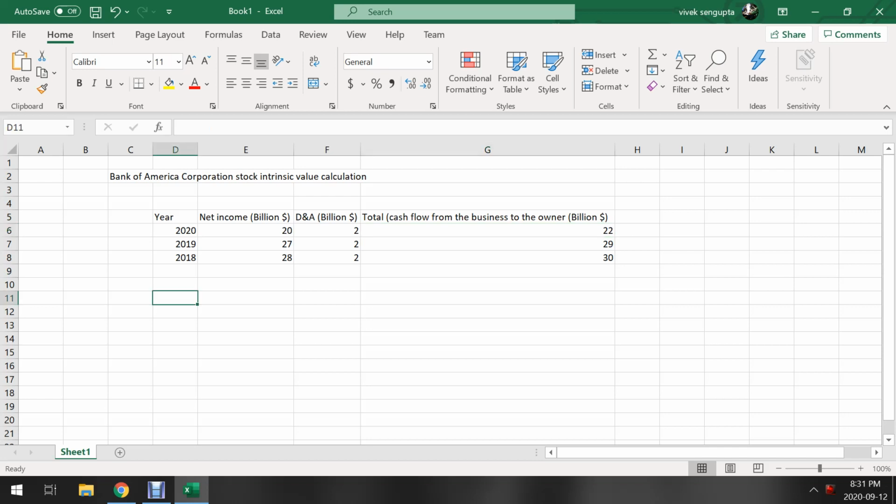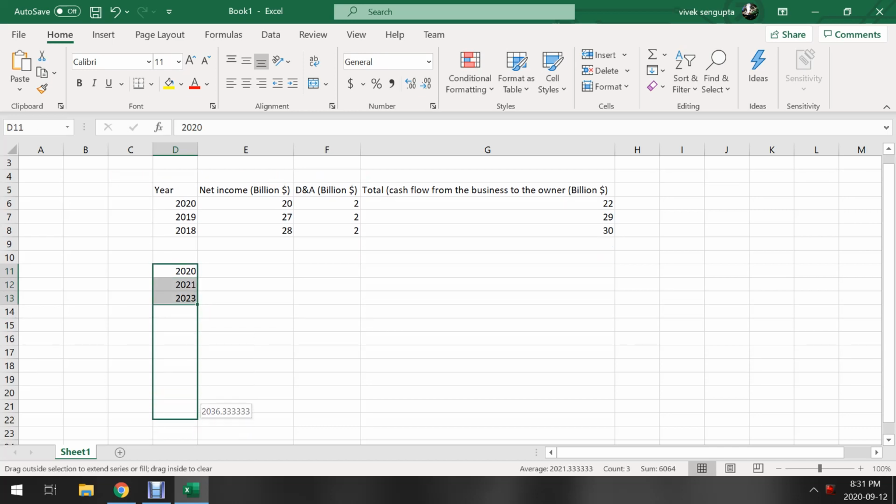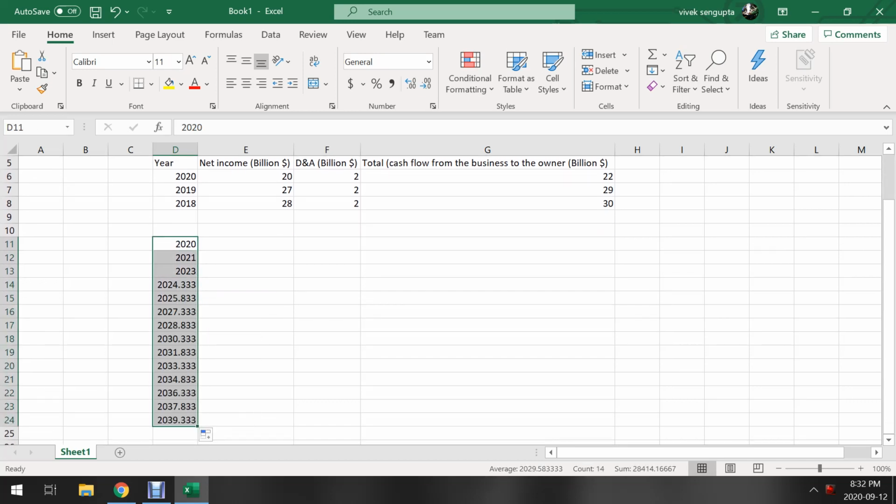So what we can do is we can now basically put down some years here. We should do this for at least 10 years. 10 years is a good time frame, and the banks, oh, this Excel didn't take it properly.